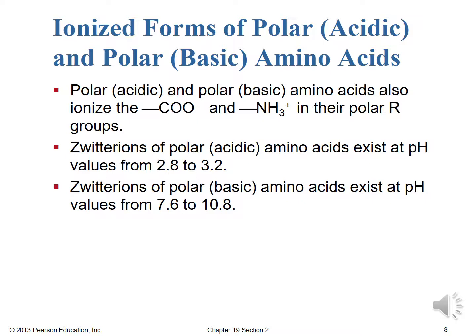So the Zwitterions of polar acidic amino acids exist at pH values from 2.8 to 3.2. Remember, we had just the two examples there, aspartic acid and glutamic acid. And then we had our three examples of Zwitterions of polar basic amino acids, and those exist at pH values from 7.6 up to 10.8.